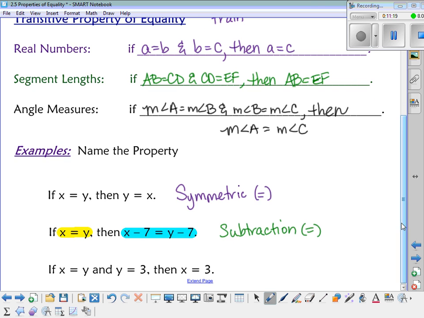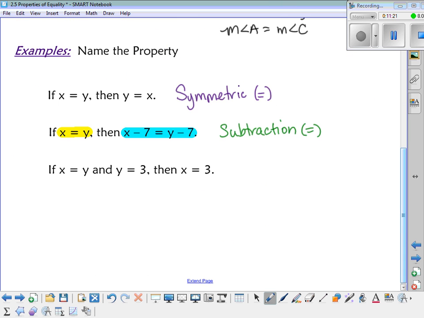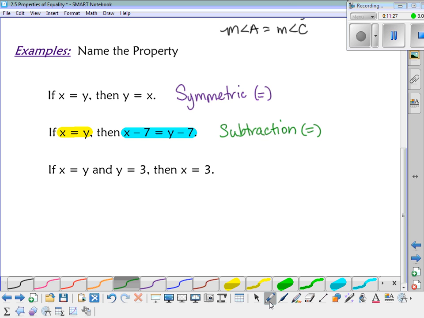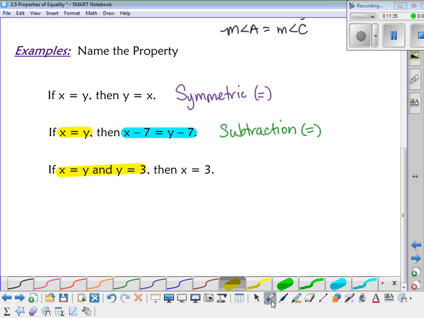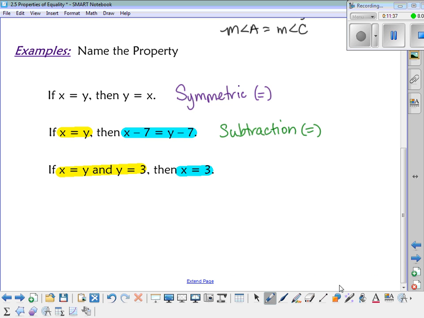And the third example: if x equals y and y equals 3, then x equals 3. So again, just looking at where we started, with x equals y and y equals 3, and we ended with x equals 3. So what did they do to get from the if to the then?